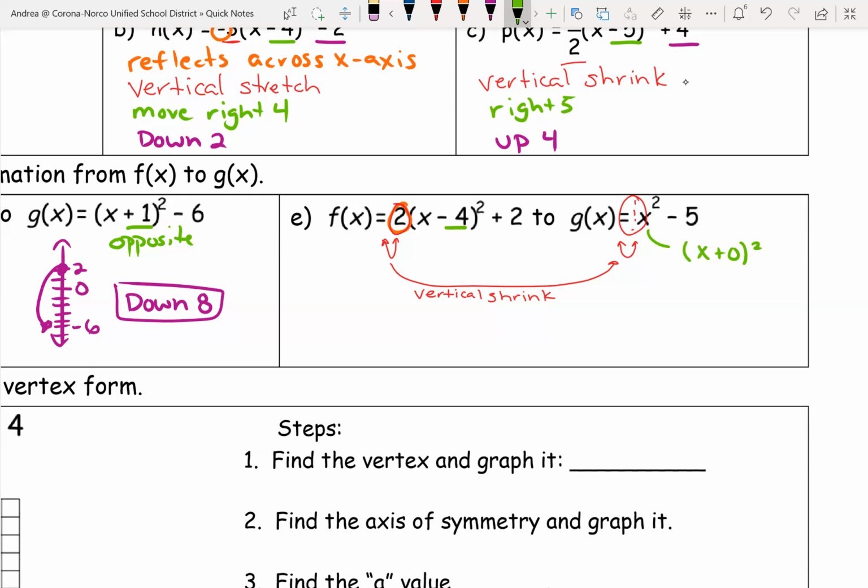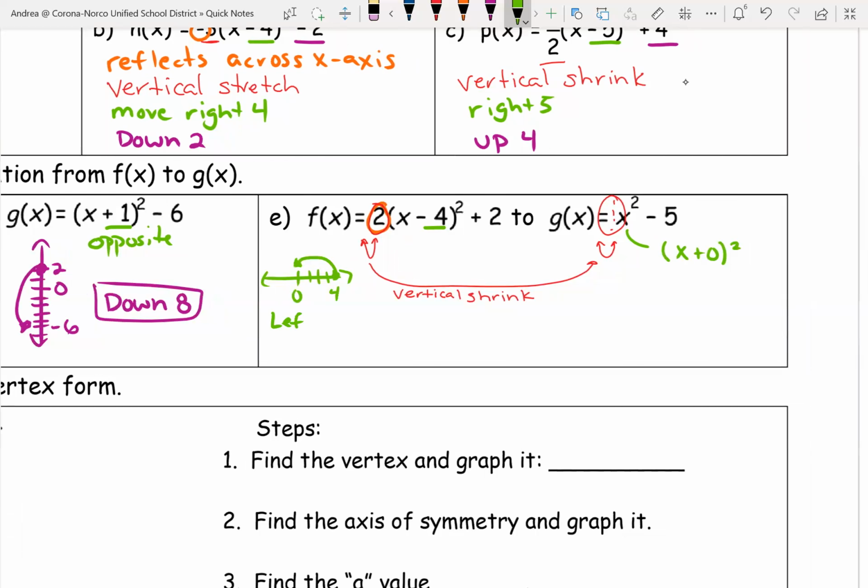Okay, so I'm going from +4, 1, 2, 3, 4, that's my starting point, to 0. Okay, so we went to the left 4.